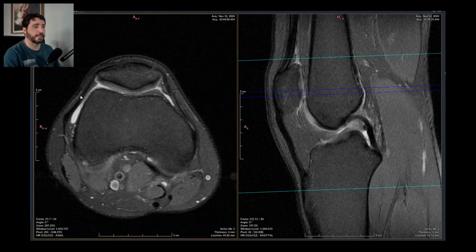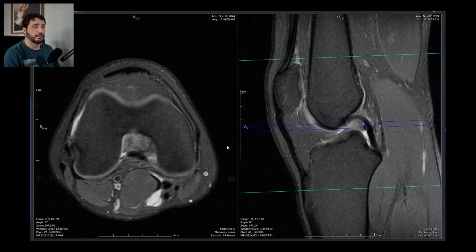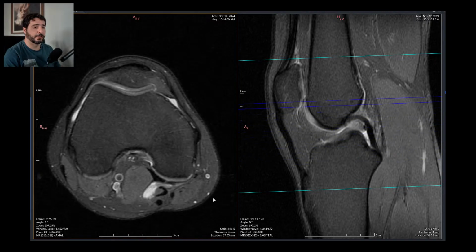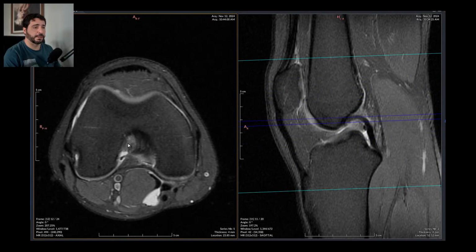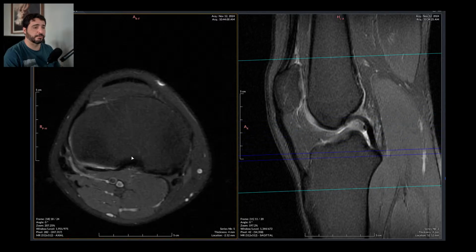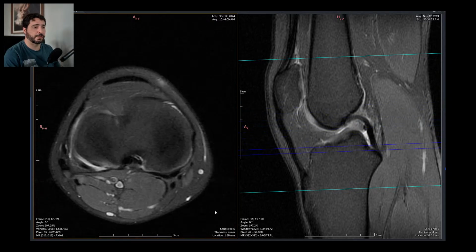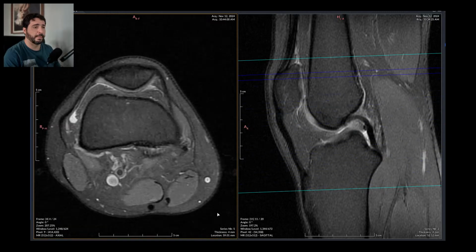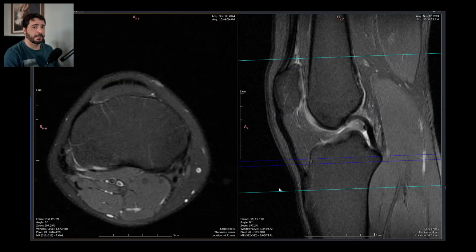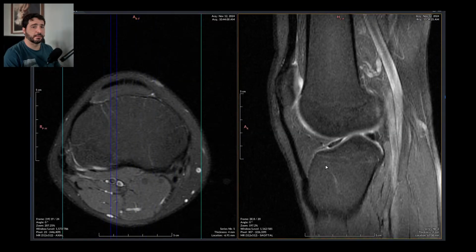Indeed, we have a mild articular effusion, and of course we can tell there is a ruptured anterior cruciate ligament. The posterior is fine, but the Baker's cyst is right here also. There isn't a lot of bone edema.